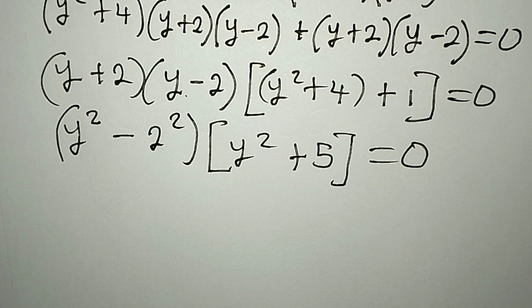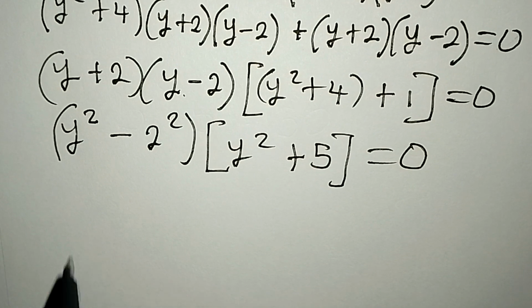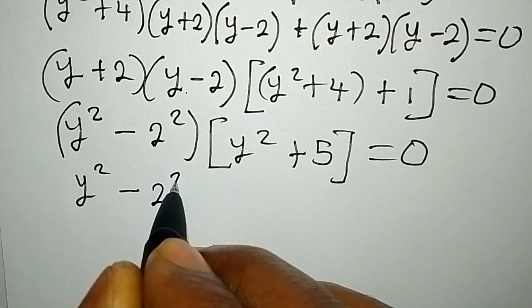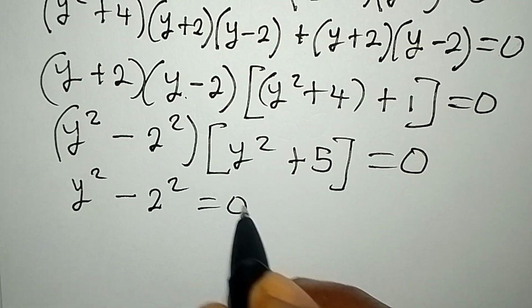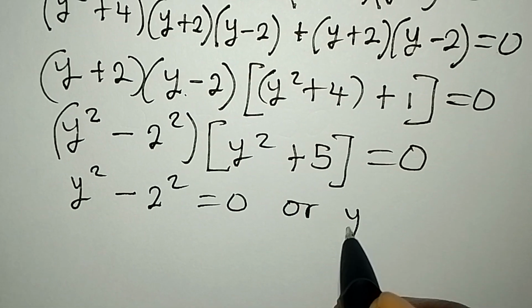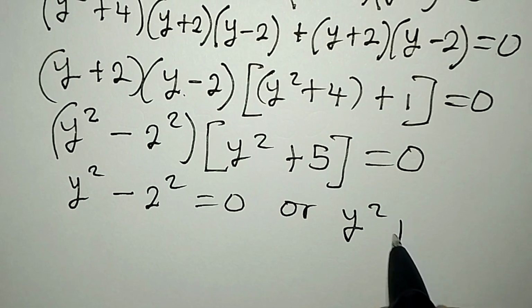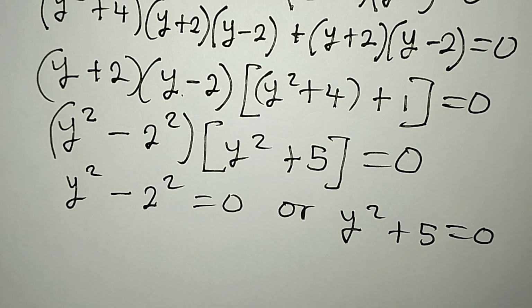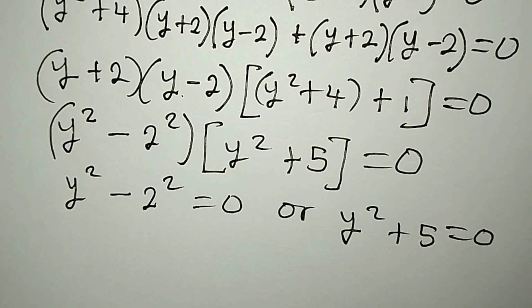So from here we apply our zero product rule. So it is either y squared minus 2 squared is equal to 0, or y squared plus 5 is equal to 0. Remember, we are solving this completely.